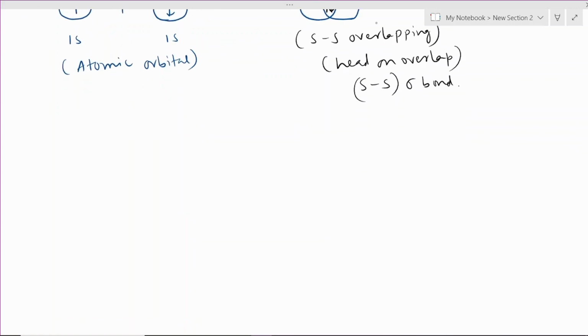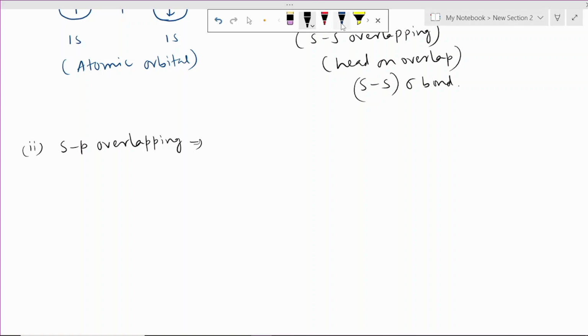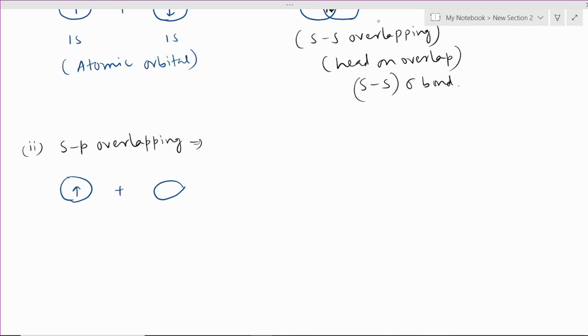Another example is s-p overlapping. Suppose this is a 1s atomic orbital which overlaps head on with a 2p atomic orbital. This is 1s and this is 2p.